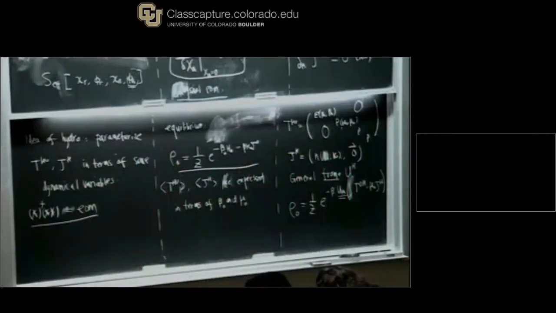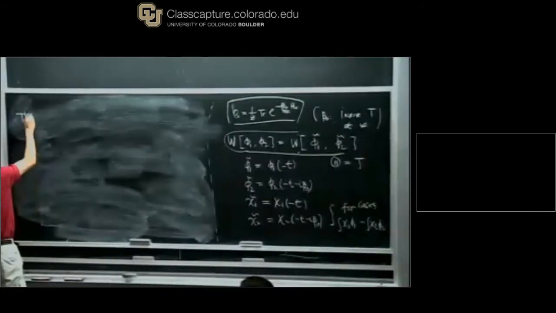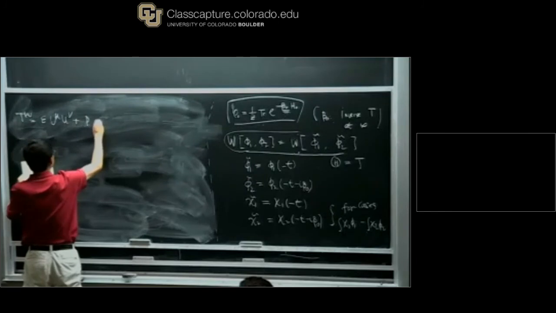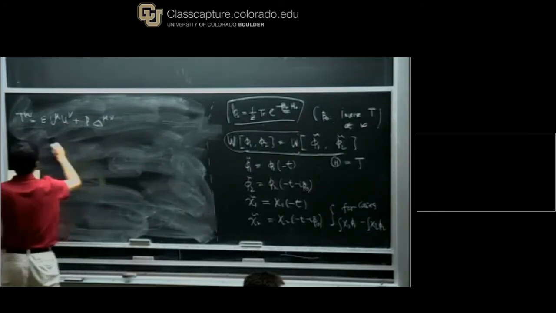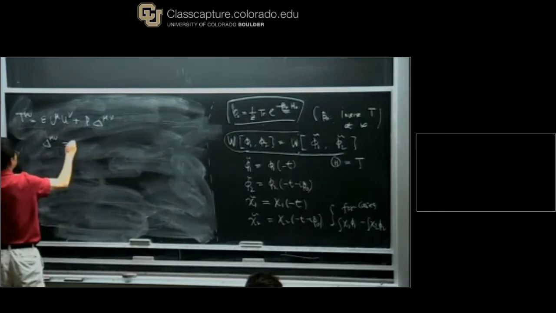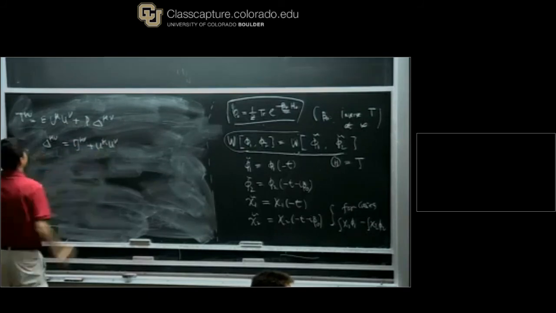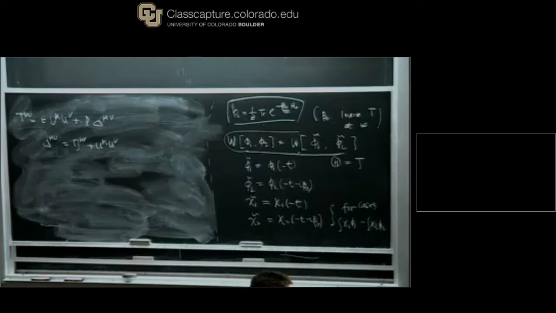Then of course we get the standard expression: T^{μν} is given by ε u^μ u^ν plus P Δ^{μν}, where Δ^{μν} is equal to η^{μν} plus u^μ u^ν. When you project into the time direction, in the rest frame it just becomes that.